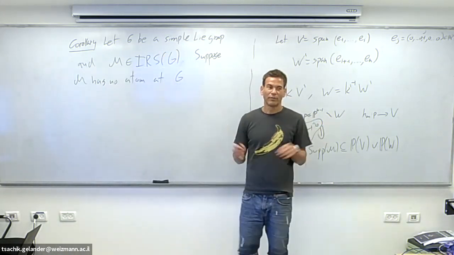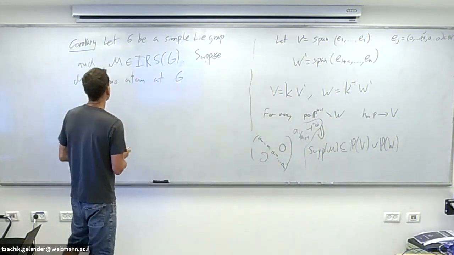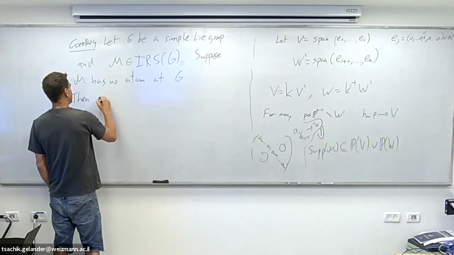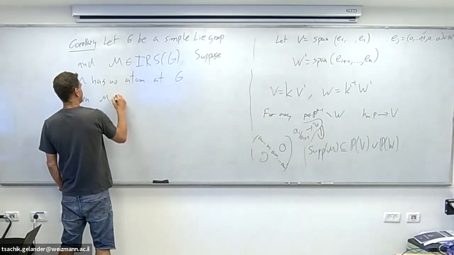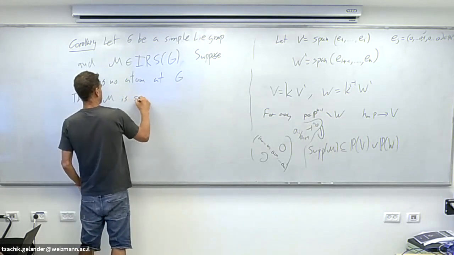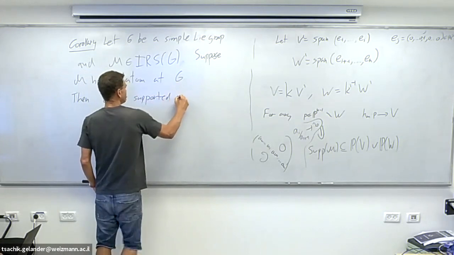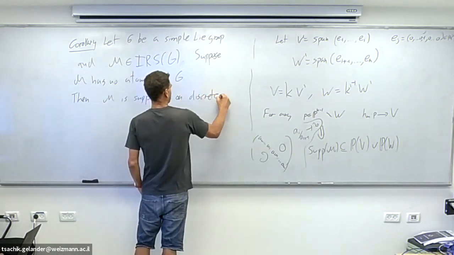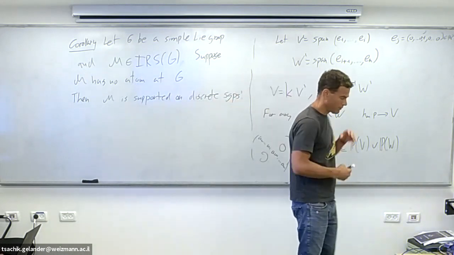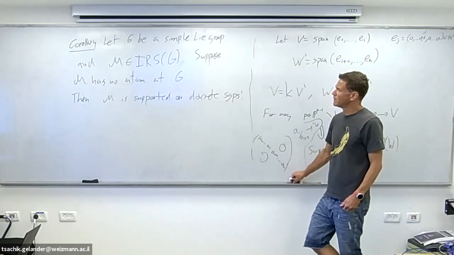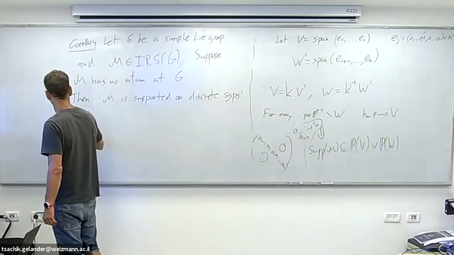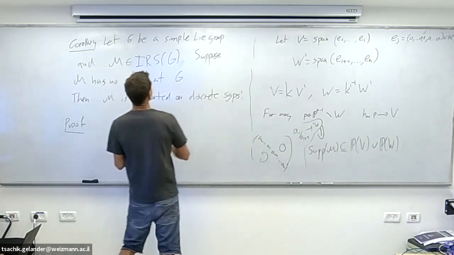I want to look at the interesting part. Then mu is discrete.